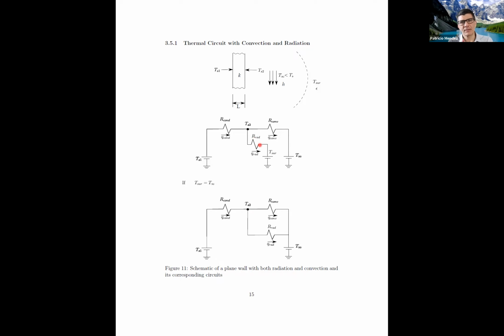Because in this case, the heat flow goes simultaneously, it is a parallel path. For the case in which the surrounding temperatures and the fluid temperature are the same, which is a fairly good approximation often, then we definitely have a parallel path here.